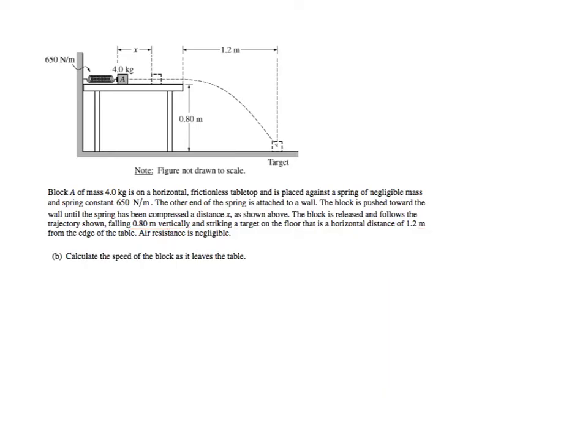In this part, you want to know the speed of the block as it leaves the table. In the horizontal direction, gravity doesn't affect it, and your acceleration in the x direction is 0 meters per second squared. So the velocity, which is displacement over time, isn't going to change for that whole section.